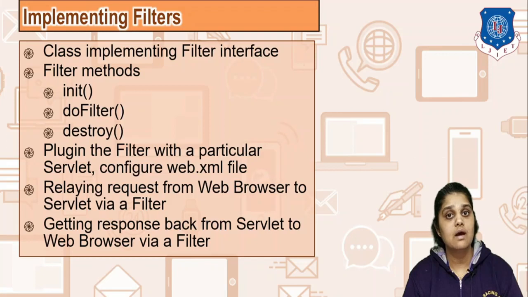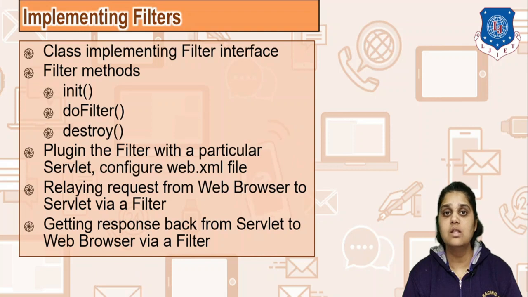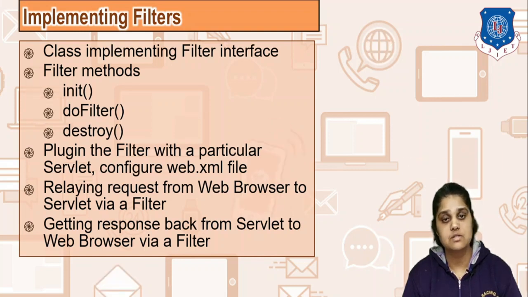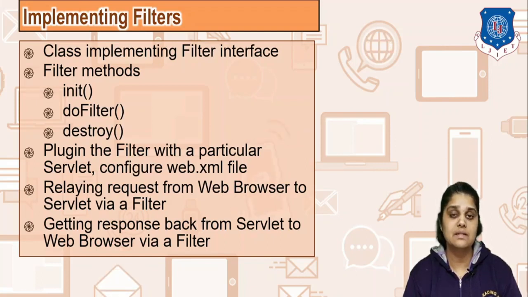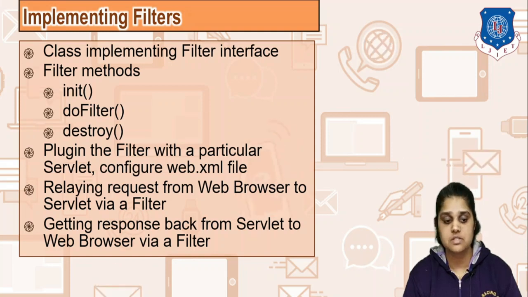You already are aware that if a class is implementing an interface, it has to compulsorily override or implement all the abstract methods present in the interface. So this Filter interface consists of 3 methods, that is init, destroy and doFilter. You have to implement all these 3 methods inside the class that is implementing your Filter interface.